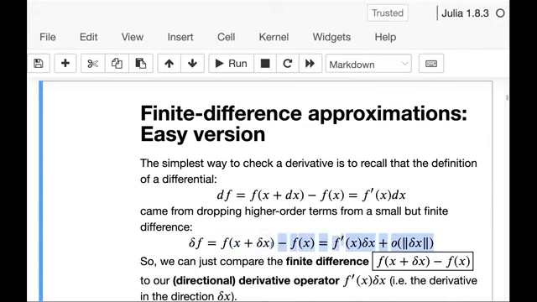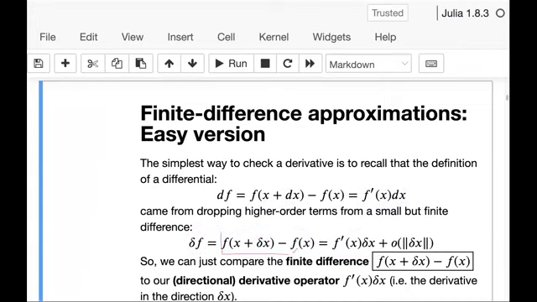We started with imagining a finite small change delta x, and that gives a finite small change delta f. In both cases, the linear approximation is f prime. If it's an infinitesimal change in the input, then this is exactly f prime dx, our linearization. If you have a finite small change dx, then the change in the output is approximately the derivative times this, right?